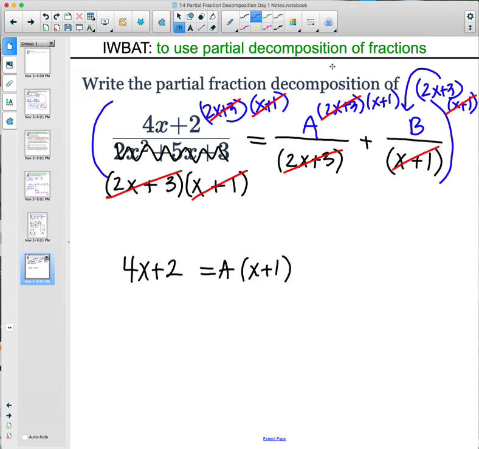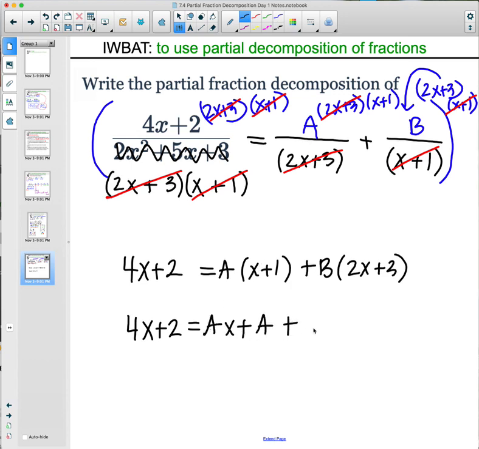X plus 1 and x plus 1 in that last one, so you're left with B times 2x plus 3. So now simplify by expanding the right. Okay, so multiply that A in, so you get Ax plus A, multiply the B in, so you get 2Bx plus 3B.